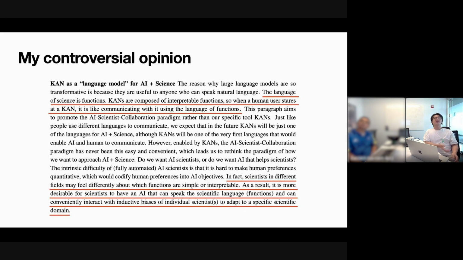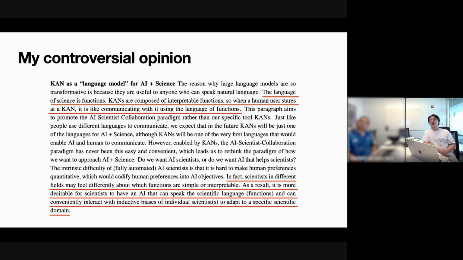Yeah. So I wrote this in the paper, which received a lot of criticism, but I'm still quite proud of it. I think that there is a relation between KANs and language models. I think the reason why language models are so transformative is because they are accessible to anyone who can speak natural languages.